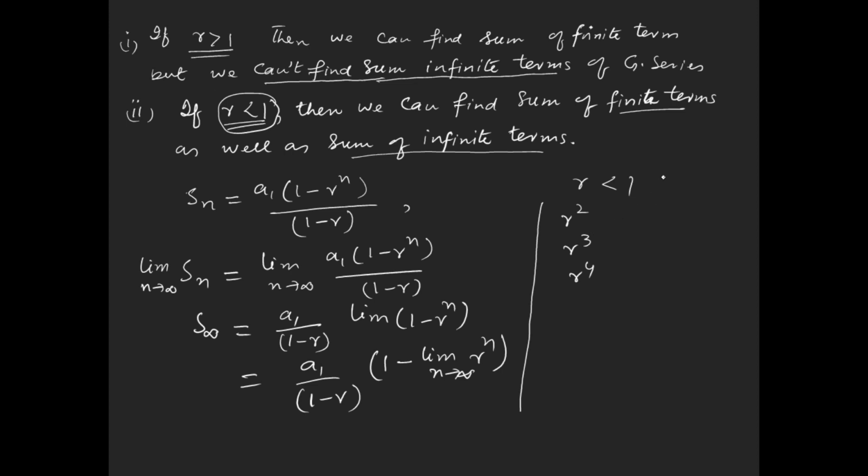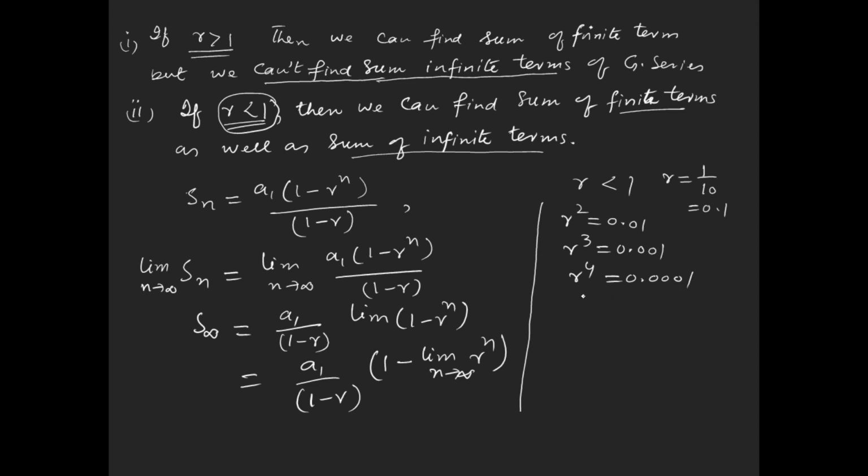How? Suppose r is 1 over 10, that is 0.1. Then r square will be 0.01, r cube will be 0.001, r4 will be 0.0001. Look at this: r is 0.1, r square is 0.01, r cube is 0.001, r4 is 0.0001.